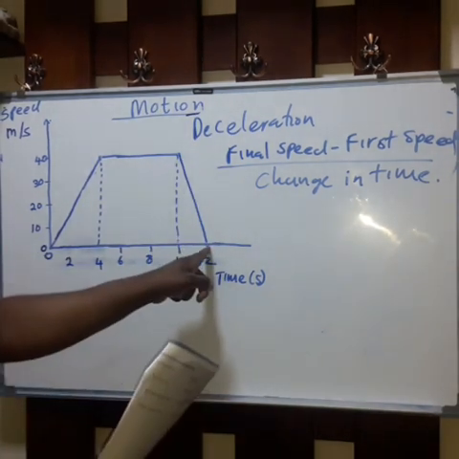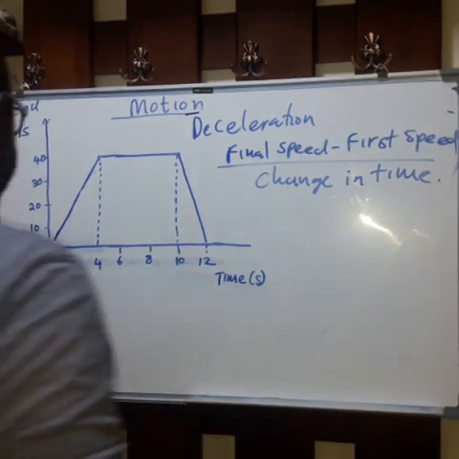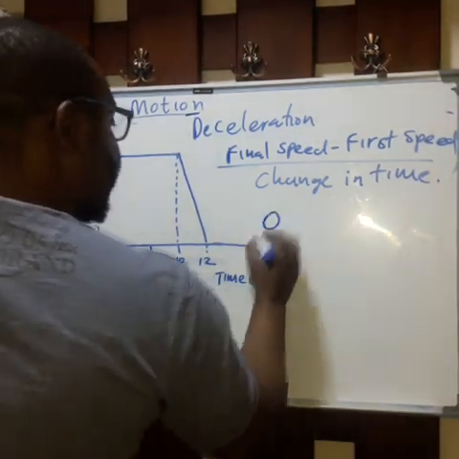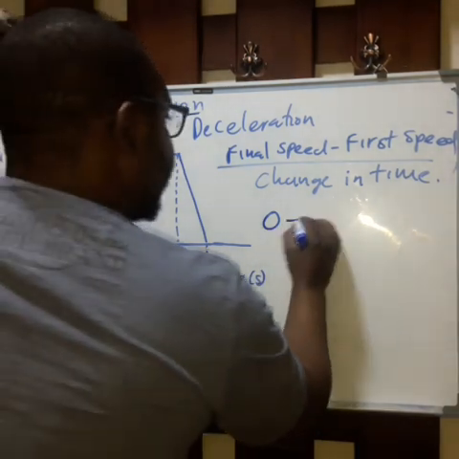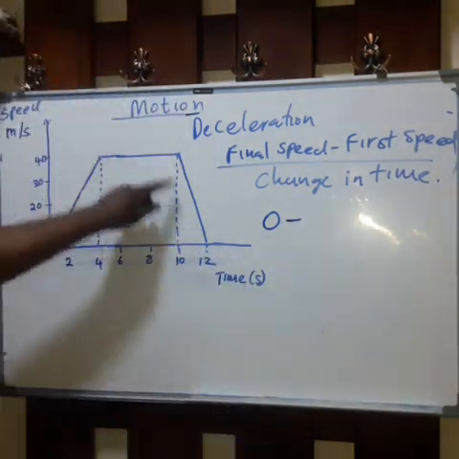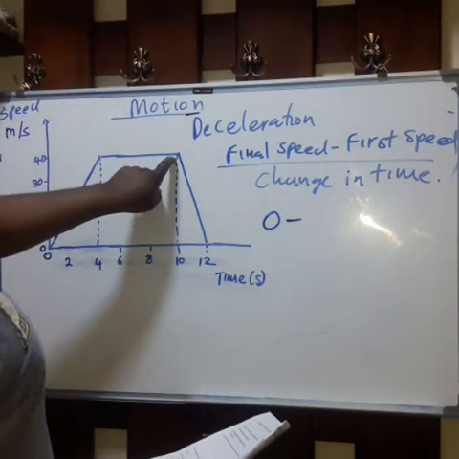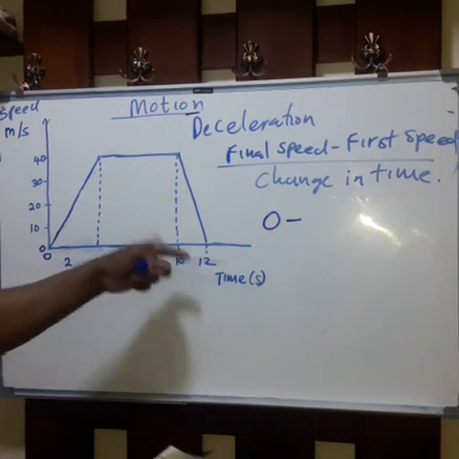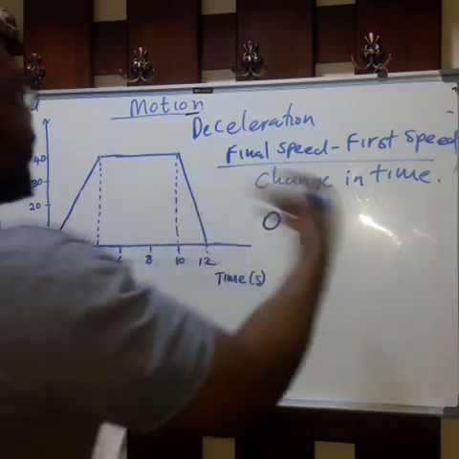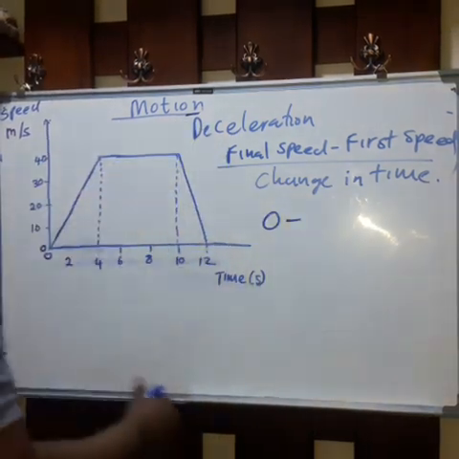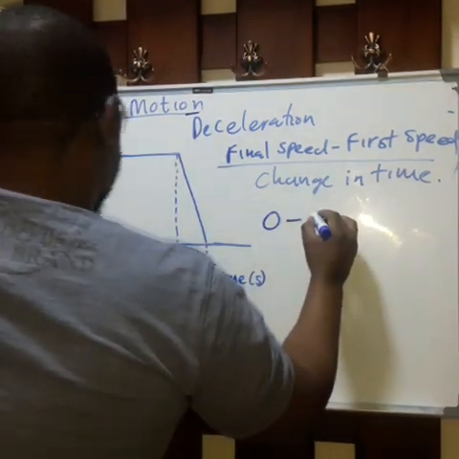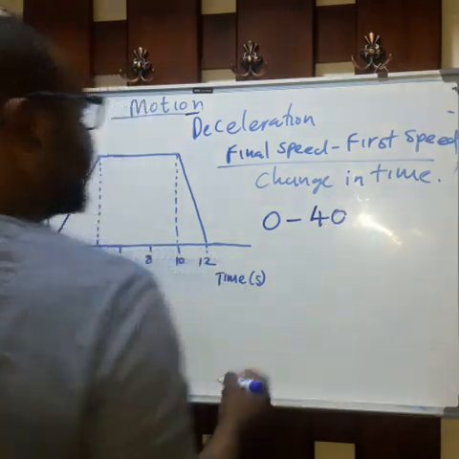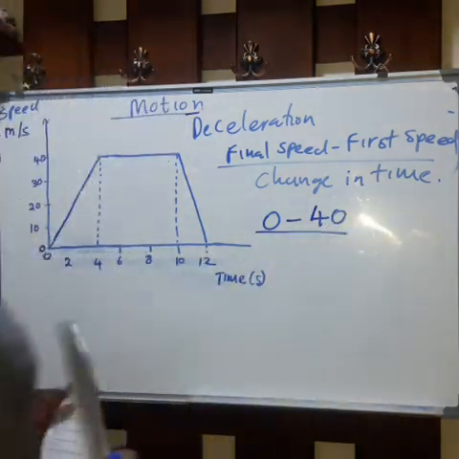So the final speed, as we see, after 12 seconds is 0 meters per second, minus the first speed, which is the initial speed. It is 40. It maintained a speed of 40 meters per second for about 6 seconds. So the first speed here, looking at this top part, is 40. That is the first speed over the change in time.